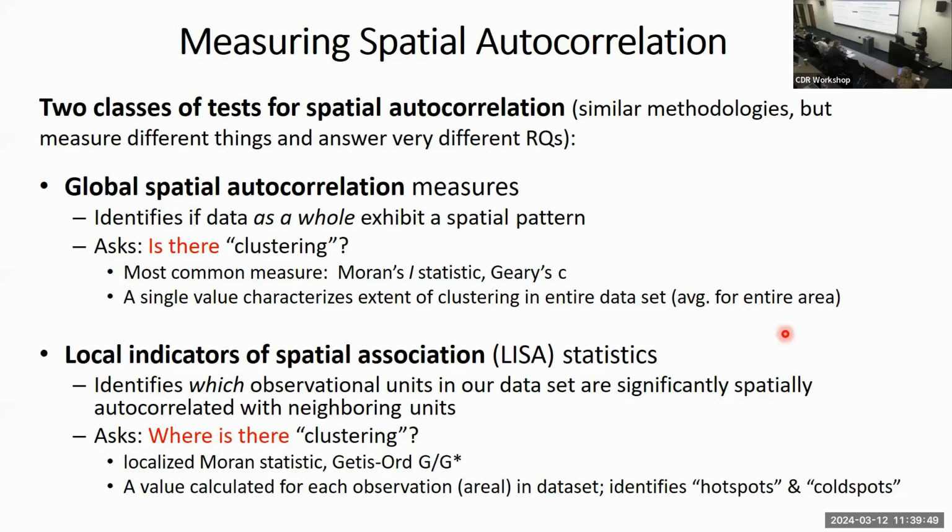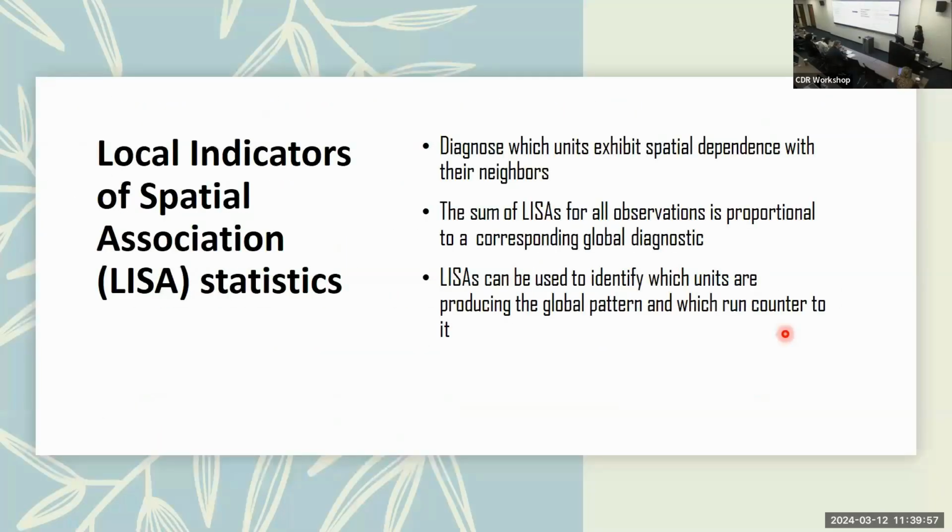We'll focus on the LISA statistics because they produce a single value for each neighborhood and identify where those hotspots and cold spots are. Because of that, we're able to diagnose the units that are exhibiting spatial dependence with their neighbors, contributing to the global pattern that we see when we test for global spatial autocorrelation.